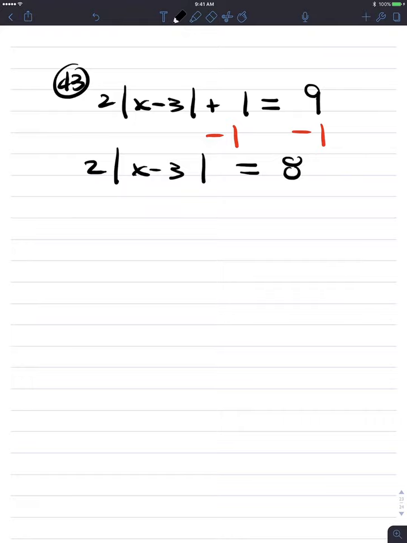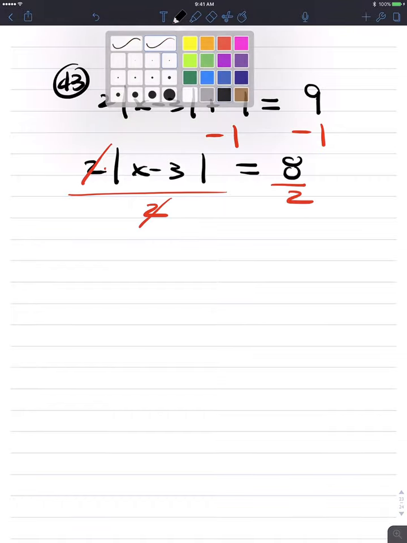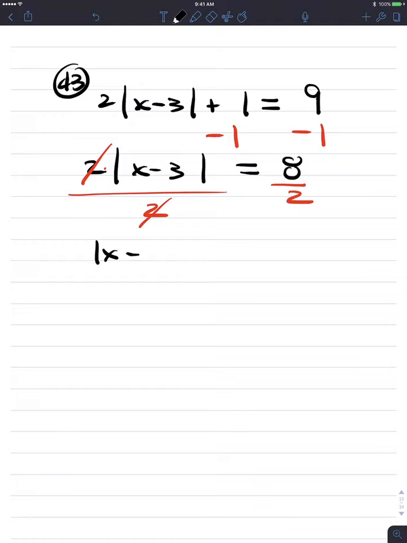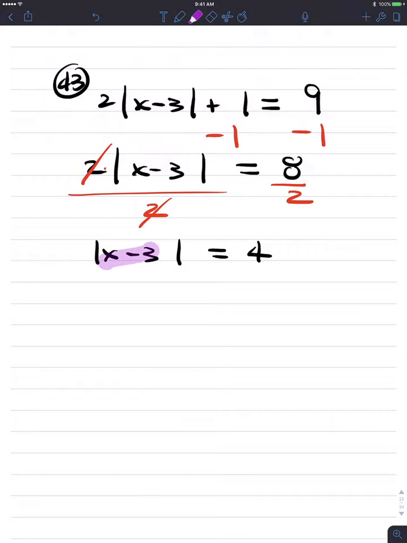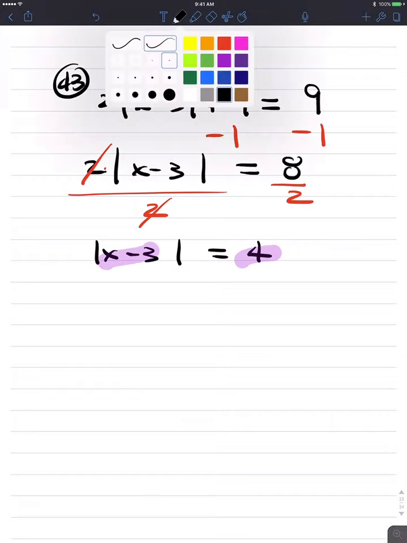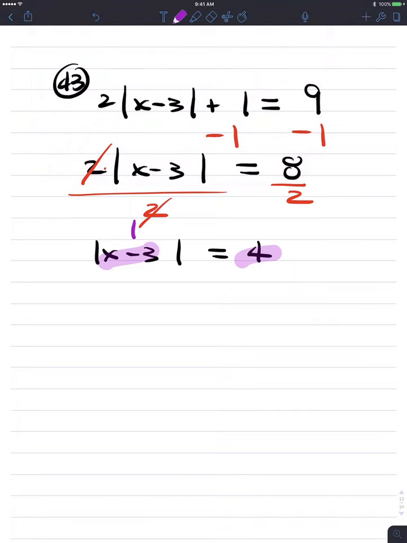We haven't solved for the absolute value yet. Divide both sides by this 2. Your 2's cancel, and you get the absolute value, x minus 3, is 8 divided by 2, which is 4. Now, we have a solution here, and that is simply the absolute value of x minus 3 in one case is positive 4, and in the other case it's negative 4.